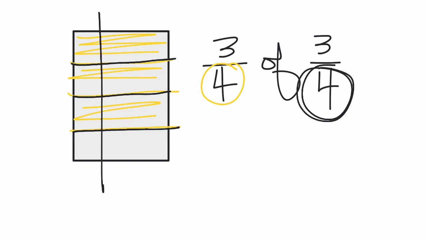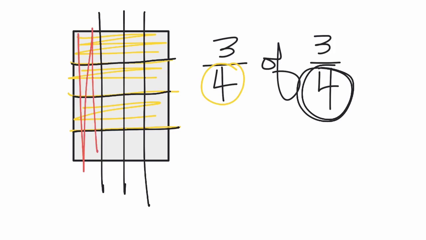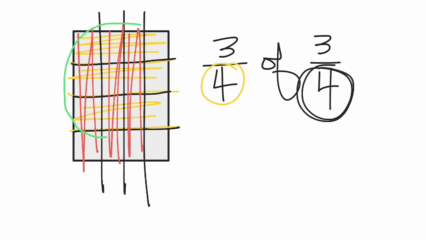So 1, 2, 3, 4. And it wants me to color 3 of them. So 1, 2, 3. And when I look now, the only ones that have both green or yellow and red are these 9 out of 16.